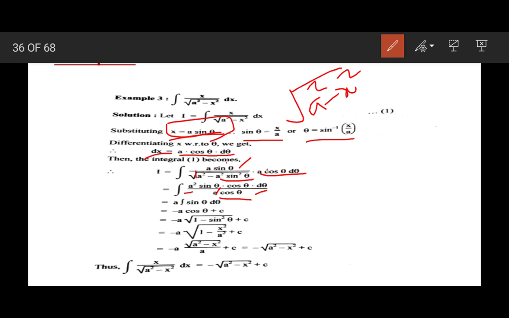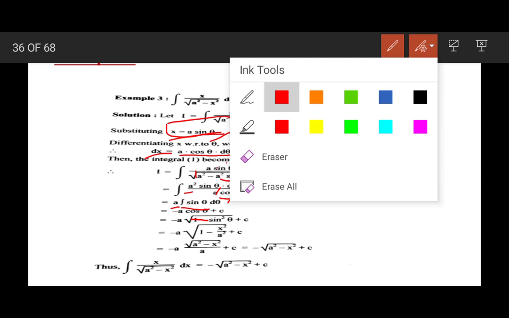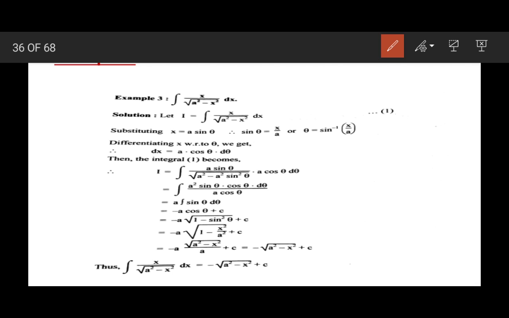So a cancels, cos theta cancels, so finally I am getting a sin theta. a is a constant, so it will come outside the integration and become a into the integral of sin theta d theta. Now we know that the integral of sin theta is minus cos theta. So I will get minus a cos theta plus c.